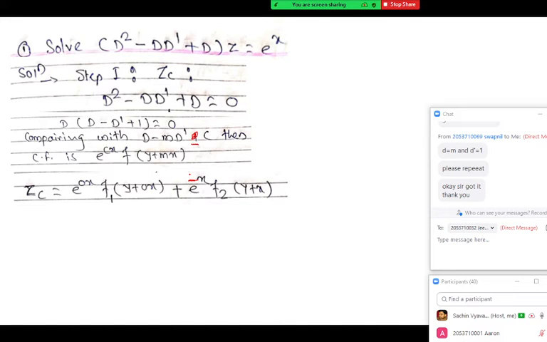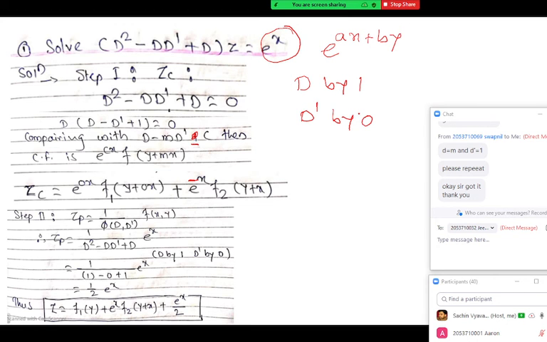Because we are comparing this exponential term with e raised to ax plus by, we replace d by a and d dash by b. So in this case we replace d by 1 and d dash by 0. That way we get ZP here. I'll show you the next step and you'll get that answer.